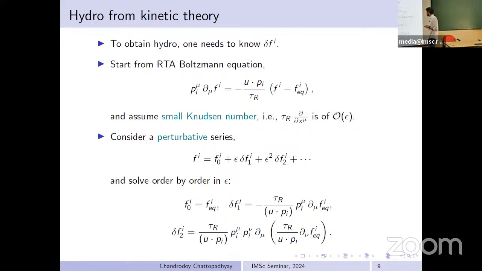Anyway, this δf1 is the order epsilon coefficient. So all of this u and τ_R should be at f equilibrium. When you go to δf2 also, u and τ_R should be at f equilibrium.